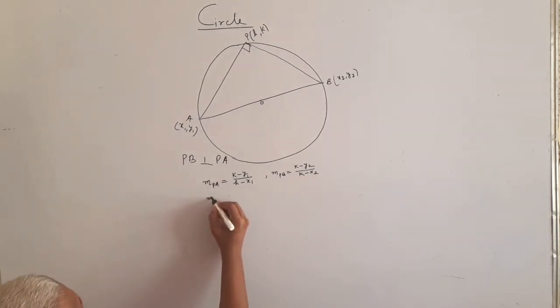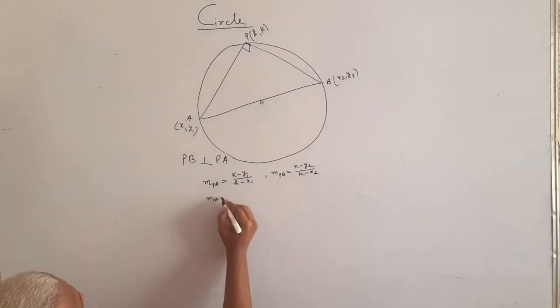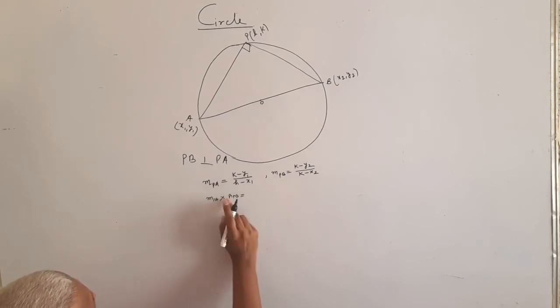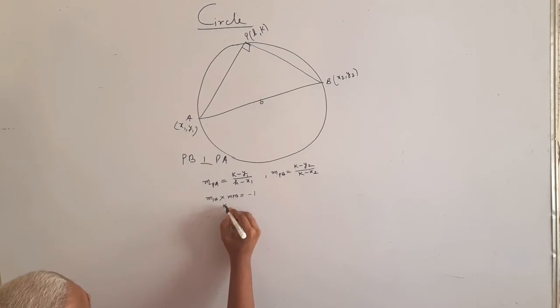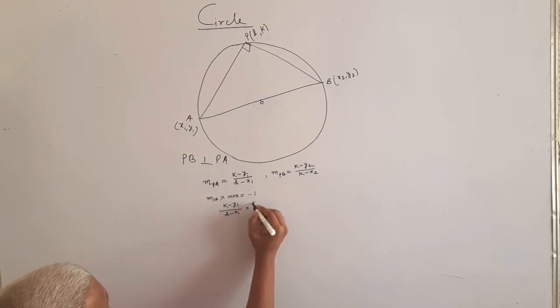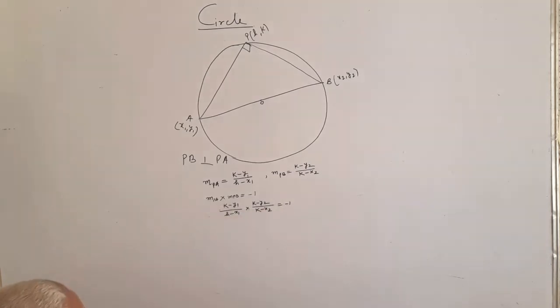Since they are perpendicular, m PA into m PB is equal to minus 1. Therefore we get k minus y1 over h minus x1 into k minus y2 over h minus x2 equal to minus 1.